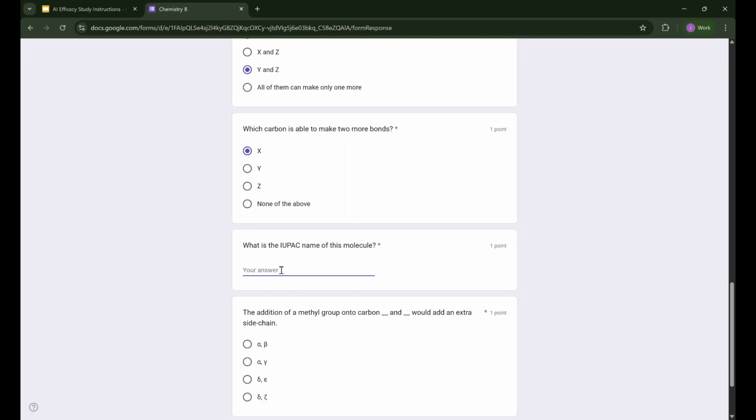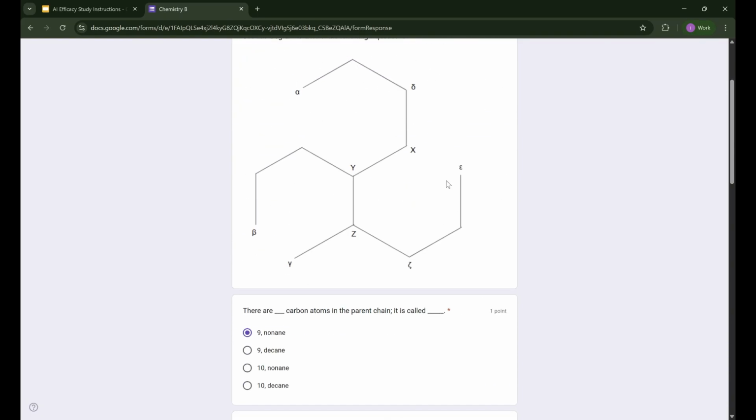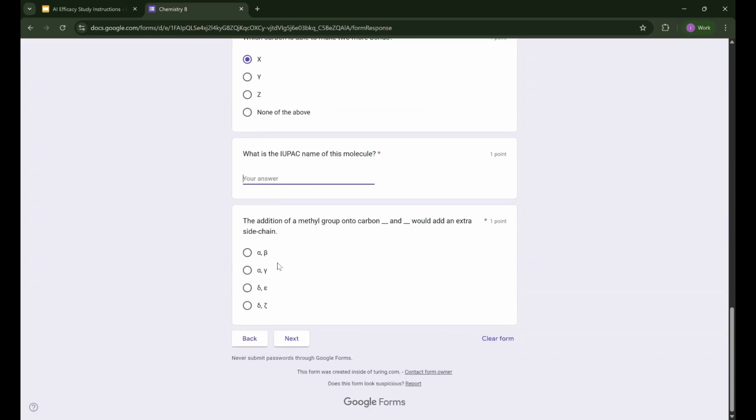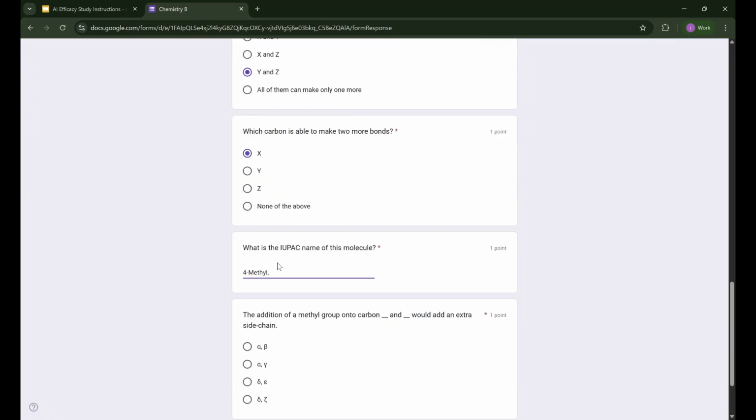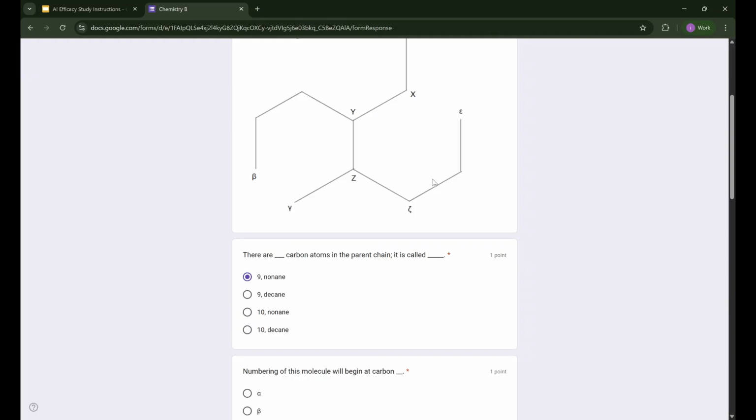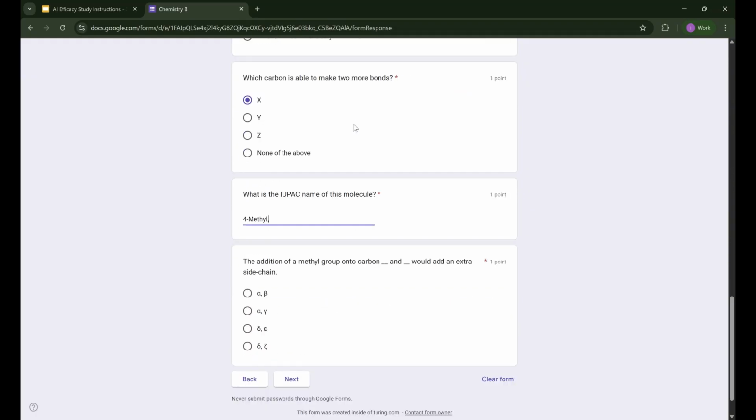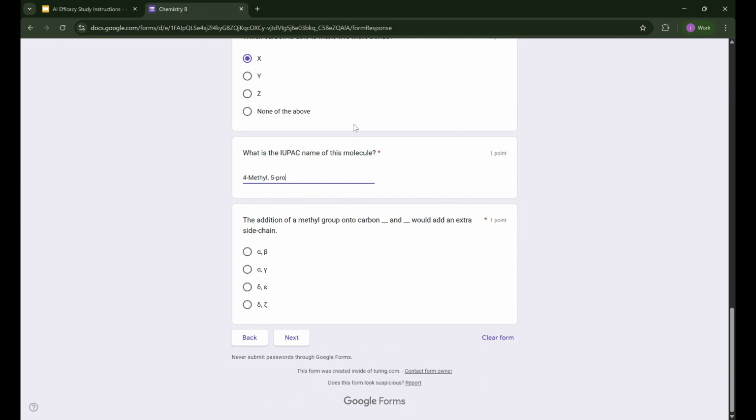I forgot the international naming system. It's something like you gotta count 1, 2, 3, 4. So that's like 4 methyl, comma, 5 propyl. Non-name.